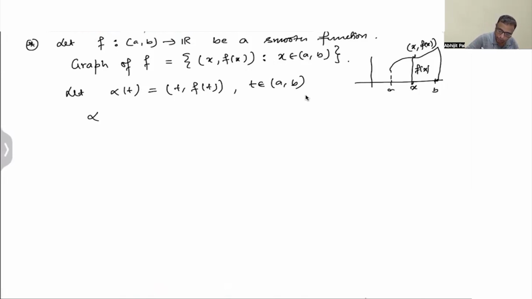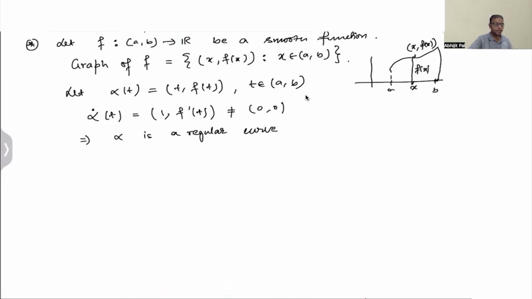So now alpha dot t is equal to (1, f prime t). So this is never 0 because the first coordinate is 1. So this implies this alpha is a regular curve. And so what will be the curvature of this alpha?